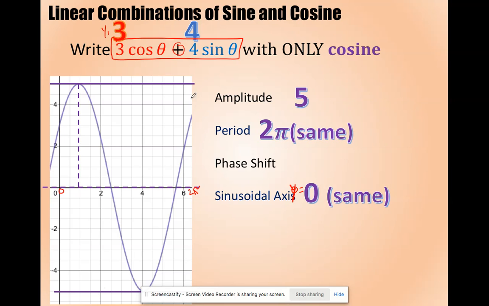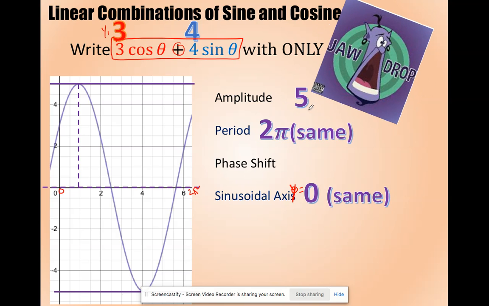Hey, what do you know? What have you done before that relates 3, 4, and you get a 5? Yep, Pythagoras. The proof of this, Pythagoras is in it. Pythagoras is how I get my new amplitude from my 2 old amplitudes.